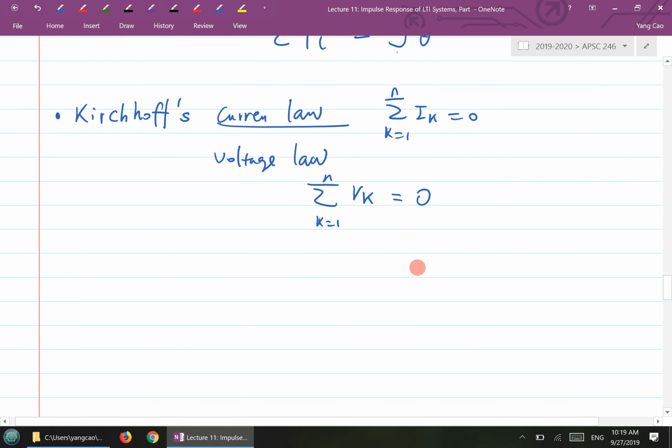Those laws govern the bigger picture, for any kind of circuit or any kind of mechanical system. However, for individual components, we have specific equations or formulas governing that component.